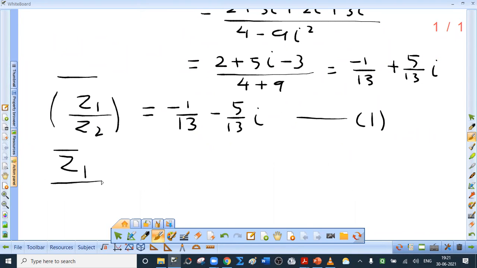So Z1 bar upon Z2 bar equal to. Now what is conjugate of 1 plus i?